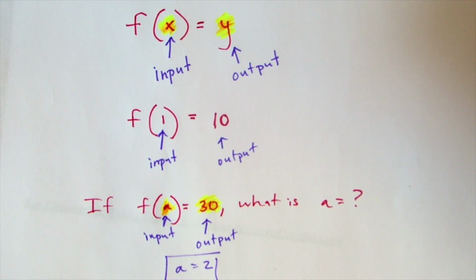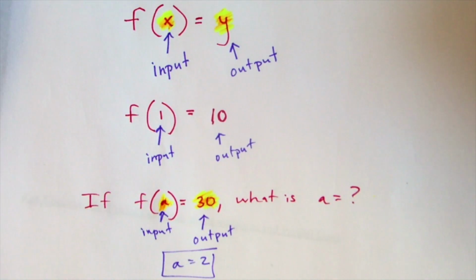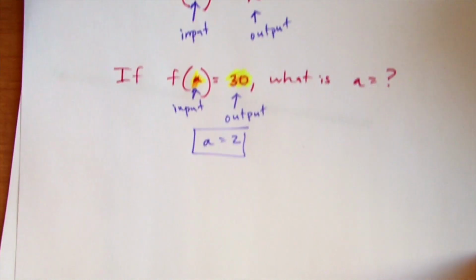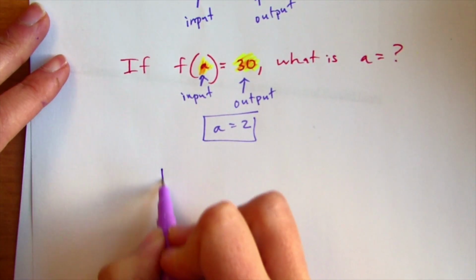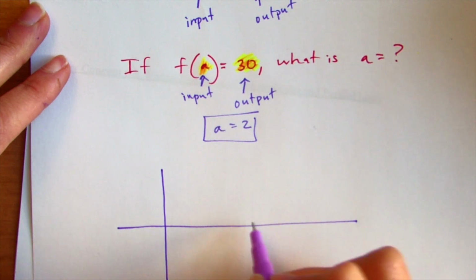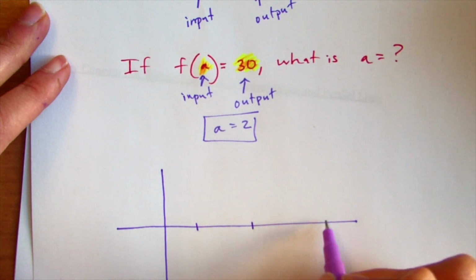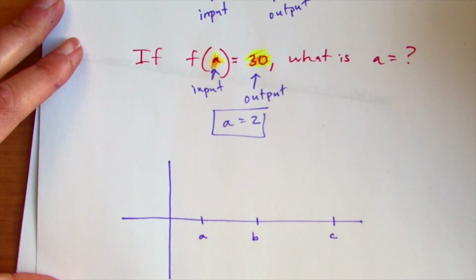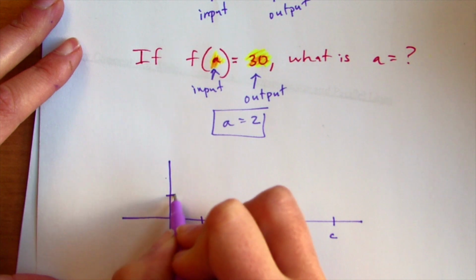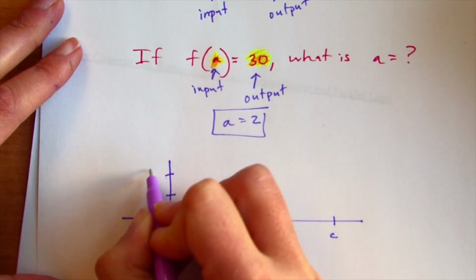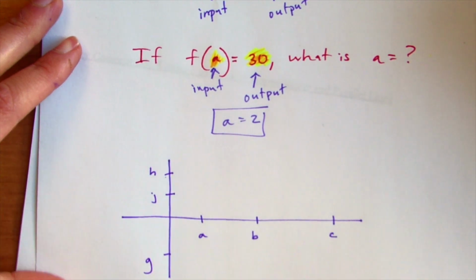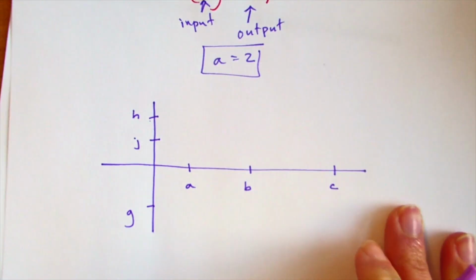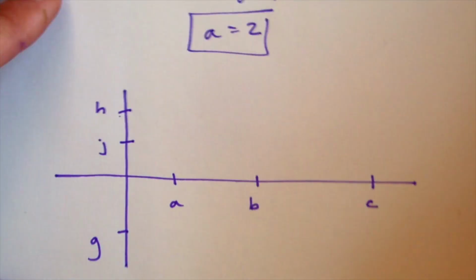Okay, let's do a quick graph example. So this type of problem showed up on your quest.